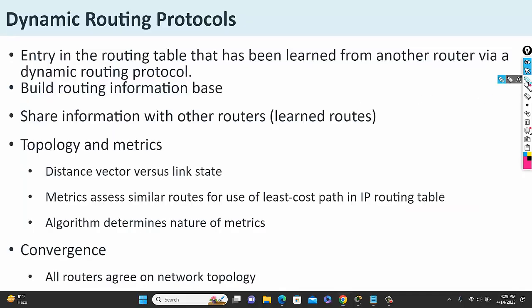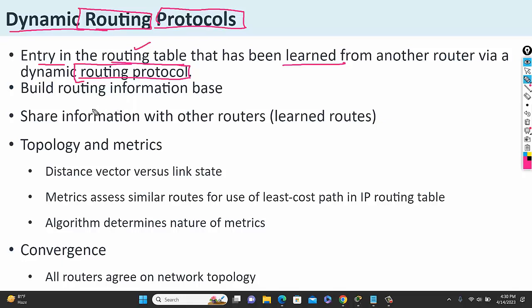First we need to know about dynamic routing protocols, because when everything happens automatically, protocols are required. The dynamic routing protocol makes the entries in the routing table that have been learned from another router. It helps create a routing table by exchanging information from one router to another.